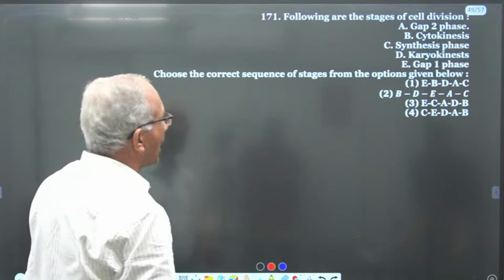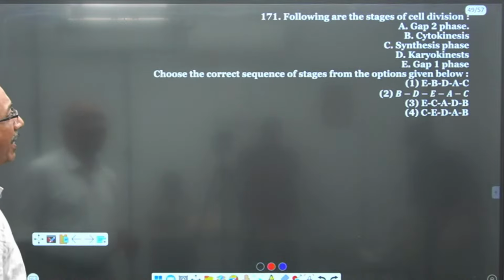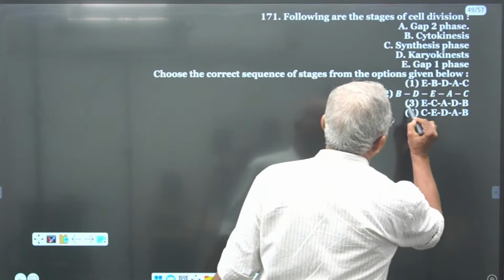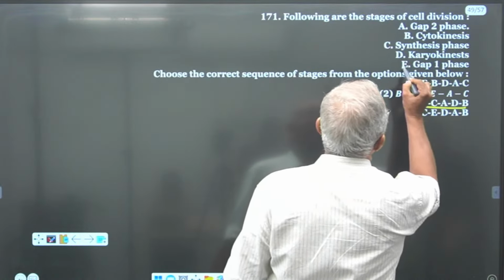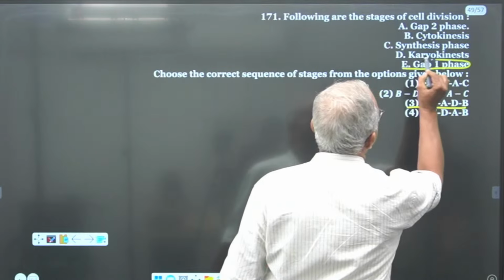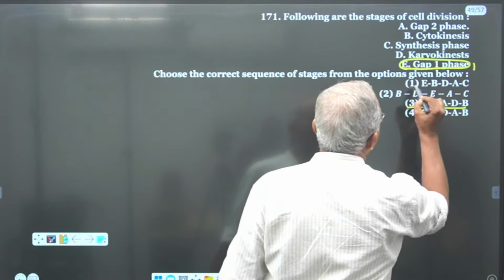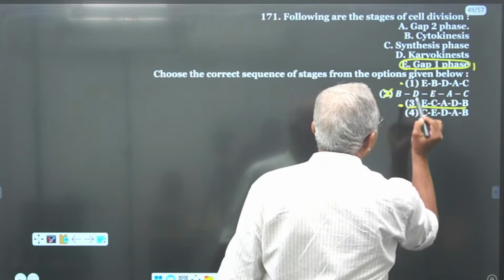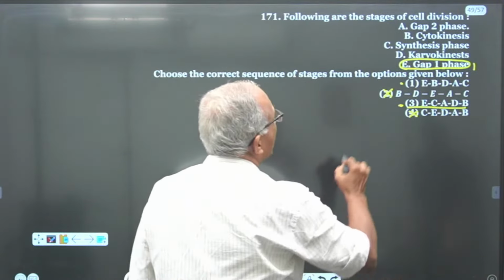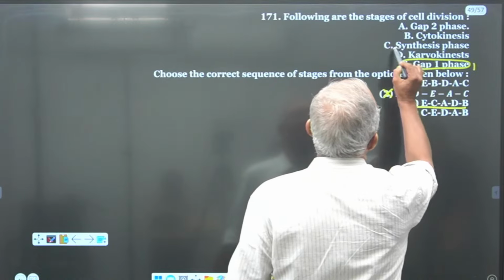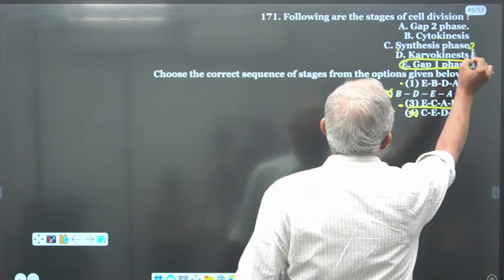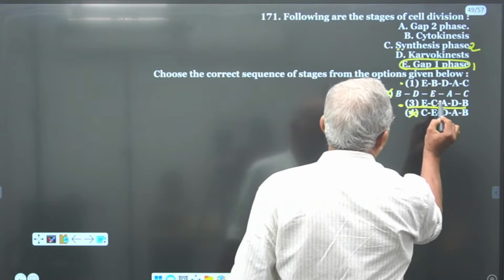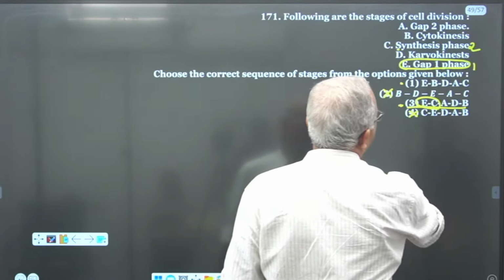Following are the stages of cell division. First thing should be G1 phase, so the answer is either 1 or 3. We can drop option 2 and option 4. G1 is followed by synthesis, so next is C. E with the C is the only one option.